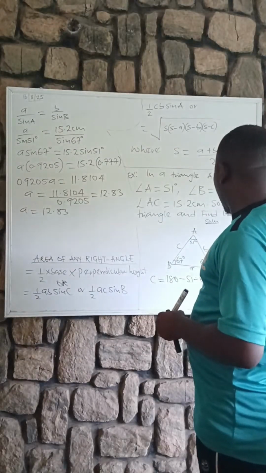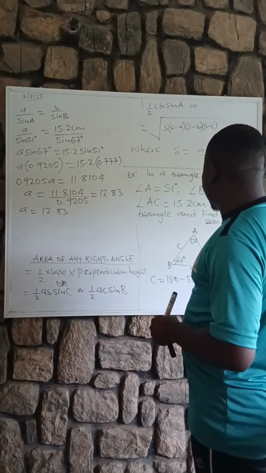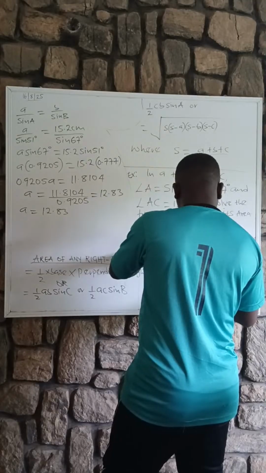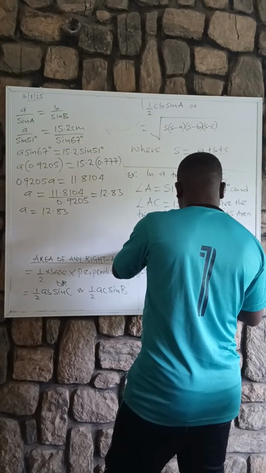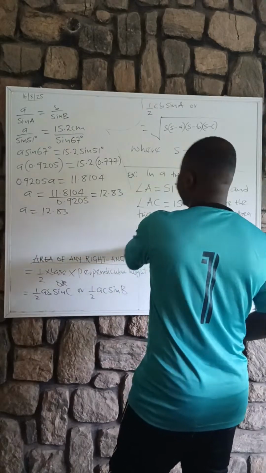Okay. Then what is left? Our A here is 12.83.